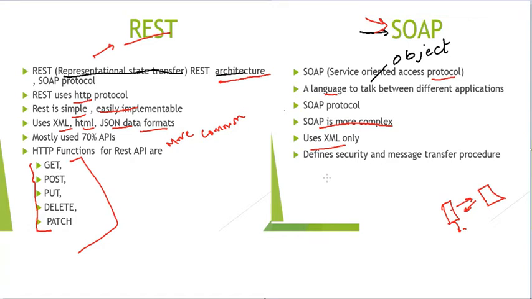It defines not only the language of communication between different applications, but also the security and the message transfer procedure. SOAP can also use HTTP, by the way. So I can describe the difference between SOAP and REST with the help of the structure of both of them.